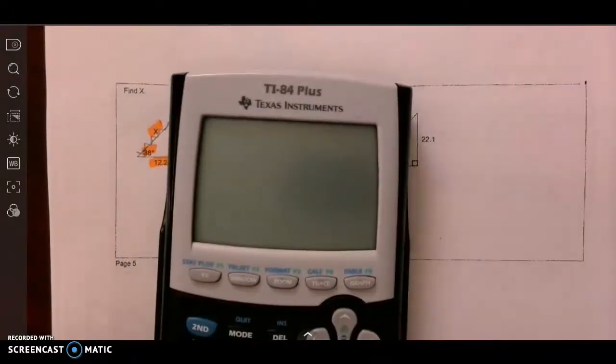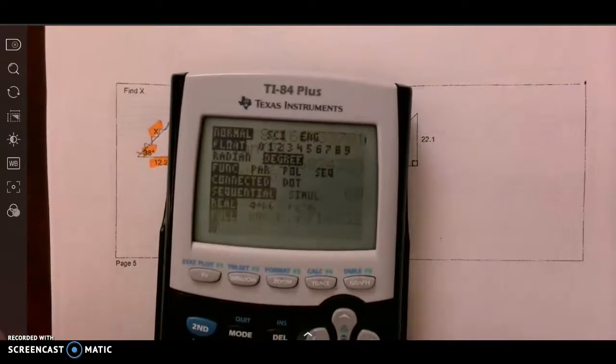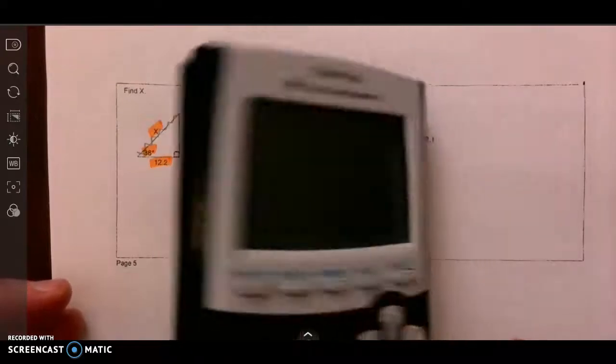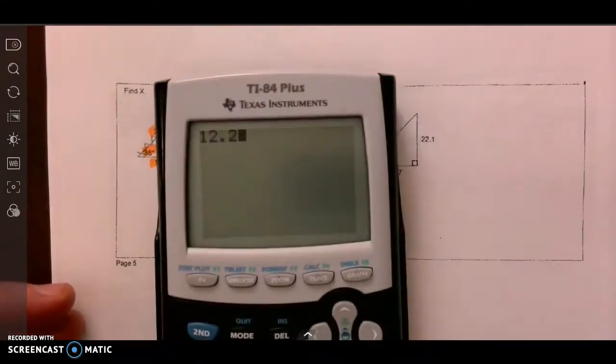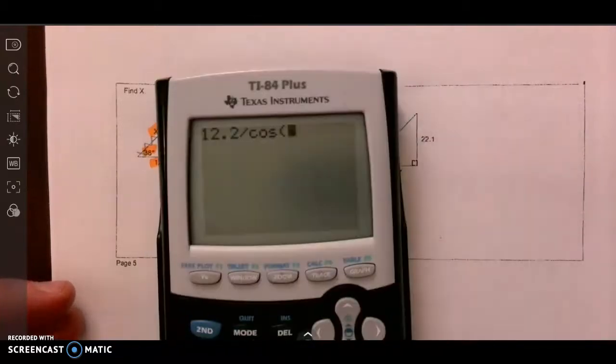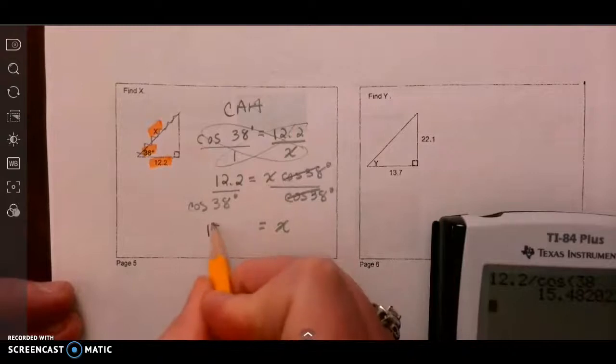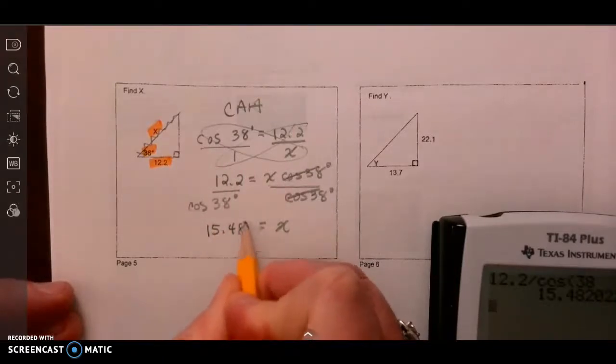Once again, I have to make sure my calculator's in degrees, and it is. And I'm going to take 12.2 divided by the cosine of 38 degrees, and I get 15.48.